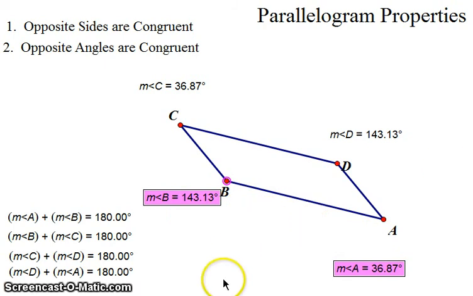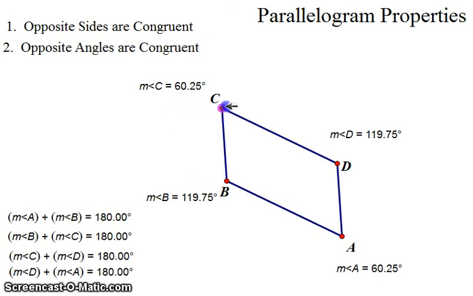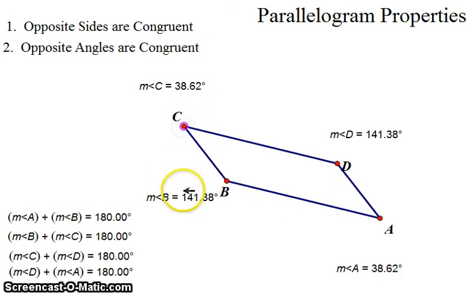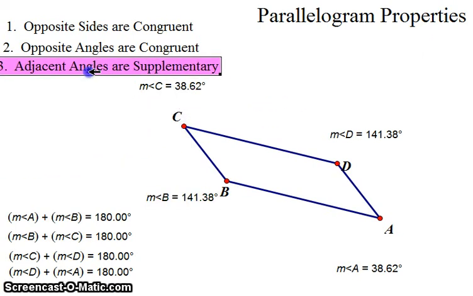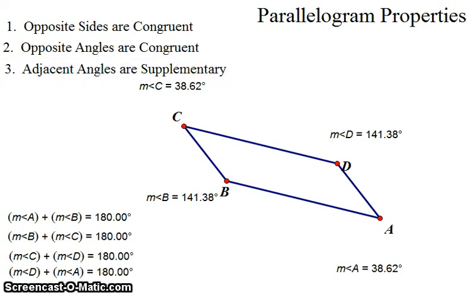So we know now that even though opposite angles are congruent, the adjacent angles are going to be supplementary.